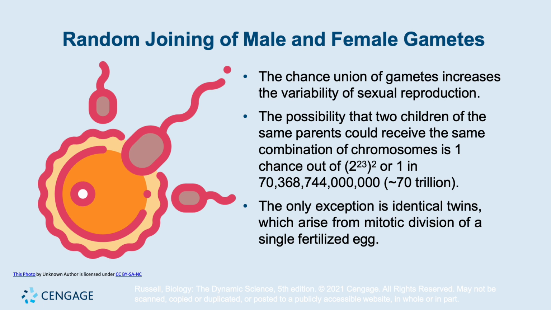Now, have you ever heard of the phrase everyone is unique? Well, meiosis takes that seriously because the probability that two children of the same parents could receive the same combination of chromosomes is one chance out of 70 trillion. So that's a very, very, very small probability.